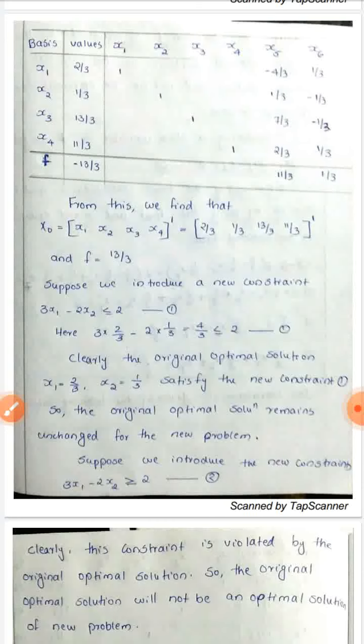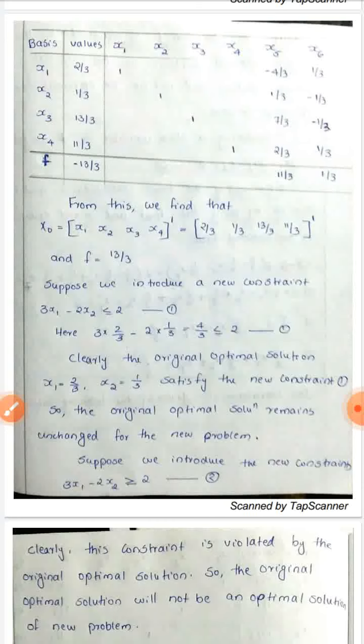Then 3 into 2 by 3 minus 2 into 1 by 3 equal to 4 by 3, which is less than or equal to 2. Clearly, the original optimal solution satisfies the new constraint 3x1 minus 2x2 less than or equal to 2. So the original optimal solution remains unchanged for the new problem because it satisfies the new constraint.